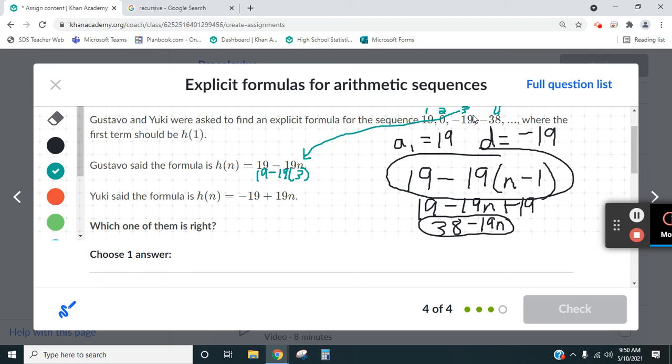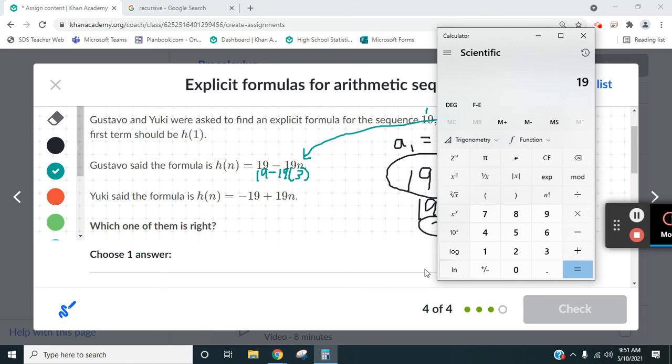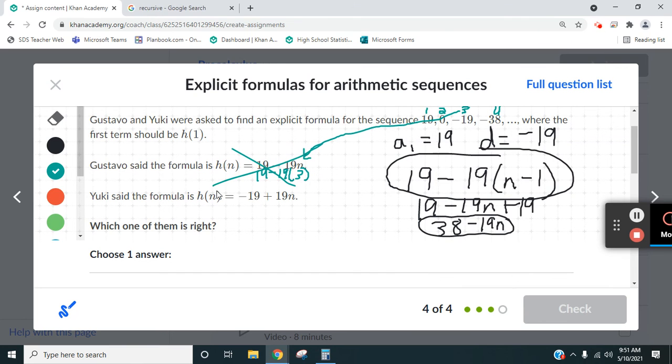I just picked 3. 19 times 3, what's that, people? 57, awesome. 19 minus 57, is that negative 19? Let's check it, right? No, it's not. So that's wrong. I did the same thing here and I plugged in 3 right here. I'm not going to get negative 19 either.